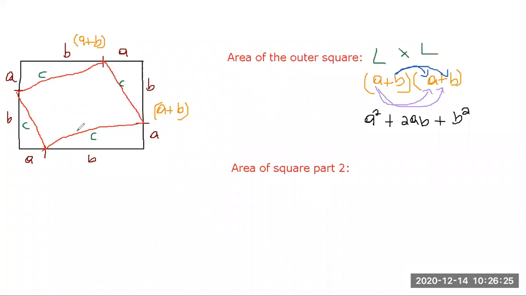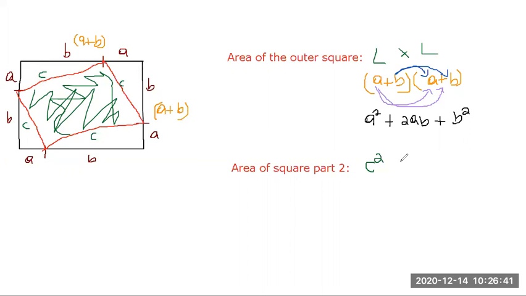So the area of the small square is c squared, because c times c would give me the area of this inside square right here.